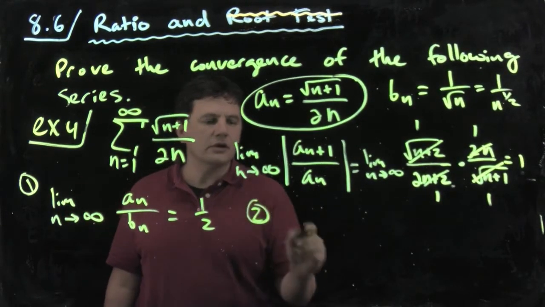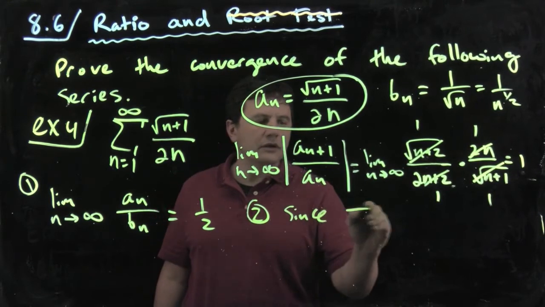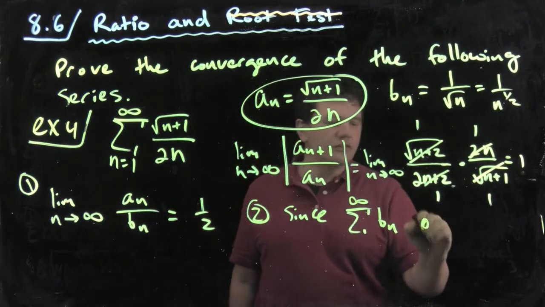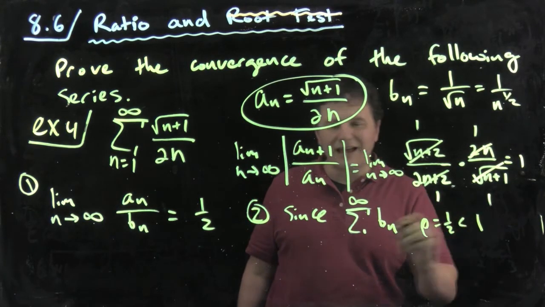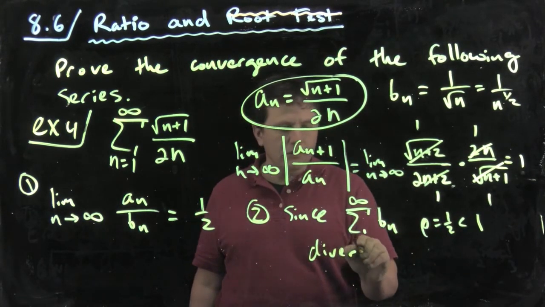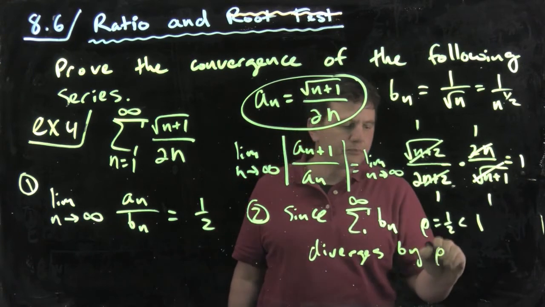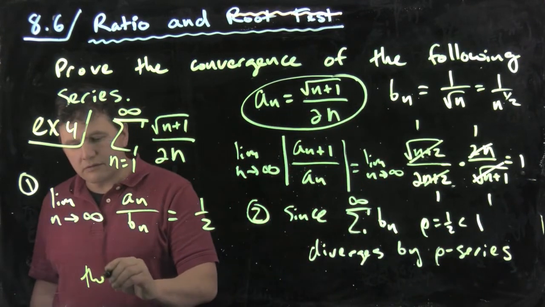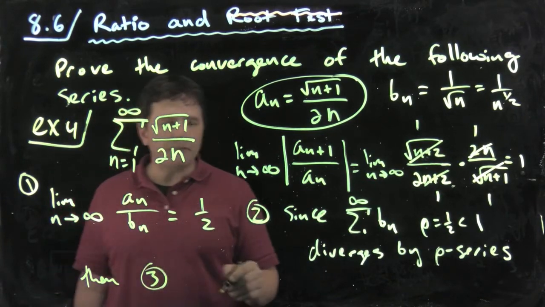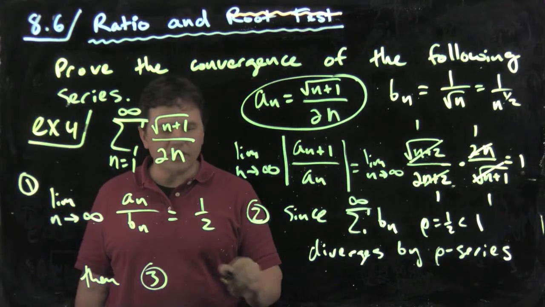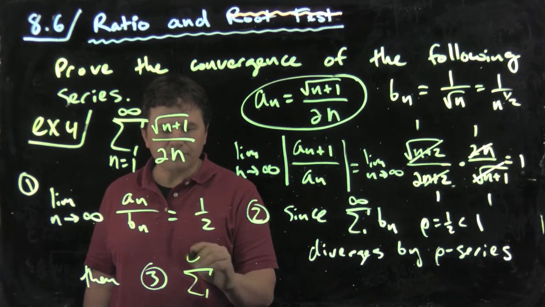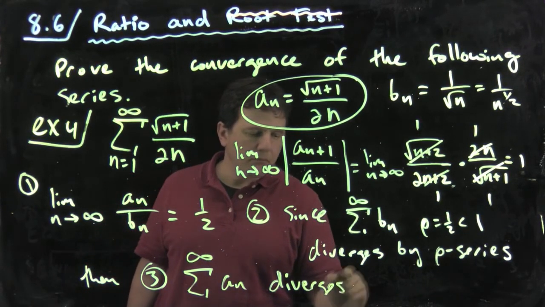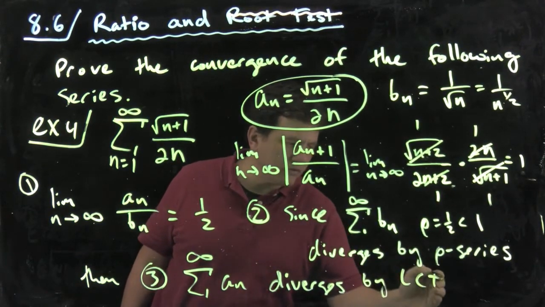And step 2, since b sub n has p equal to 1/2, that's less than 1, diverges by p-series. Okay. Then, step 3, that means that our series diverges by limit comparison test.